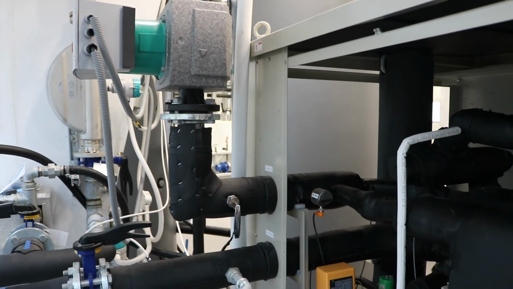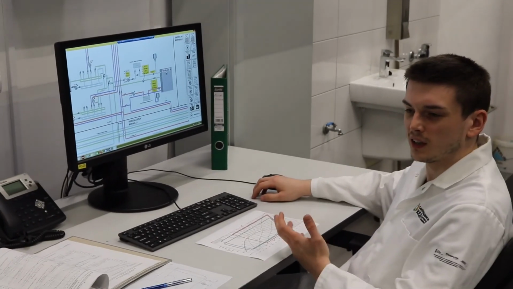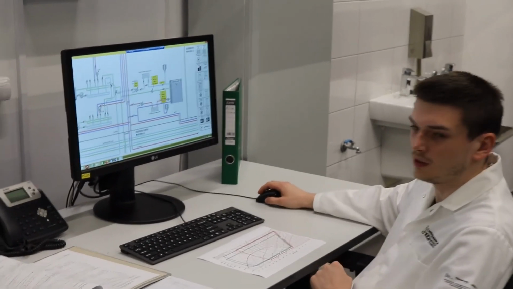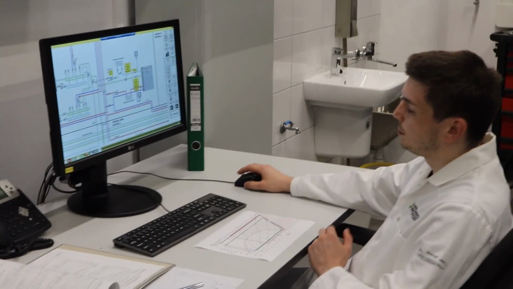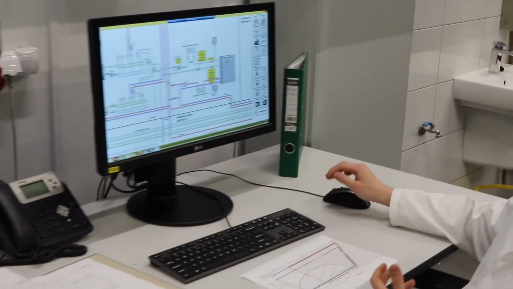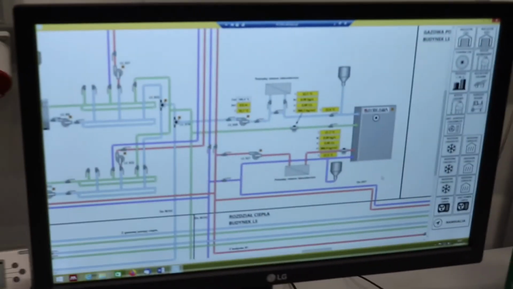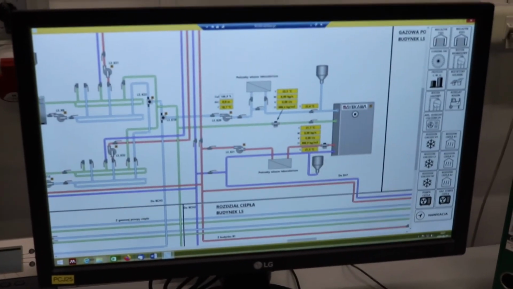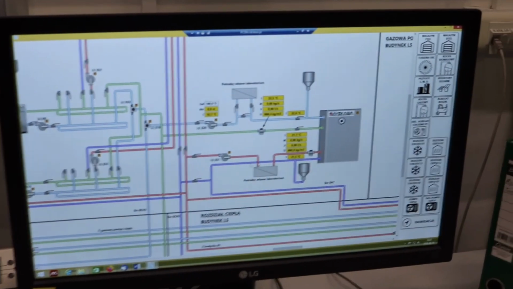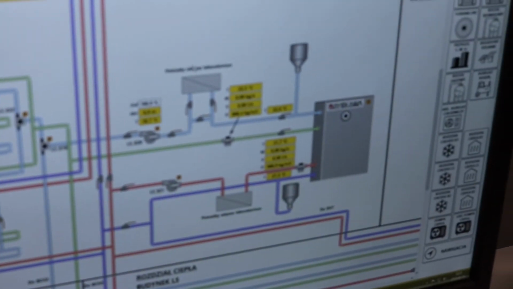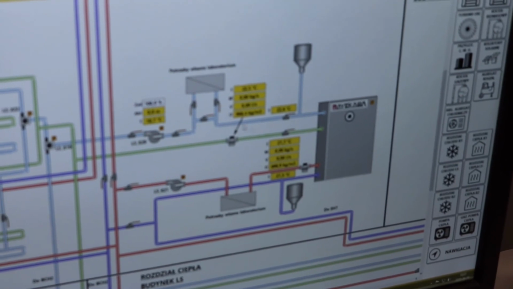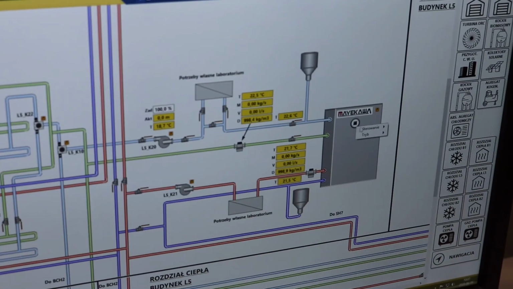As Veronica told you, or maybe will tell you, we use this BMS, which is Building Management System, to control every device here in KEZO. As you can see, this is the Mayakowa heat pump that I showed you right before, and now I want to start it.